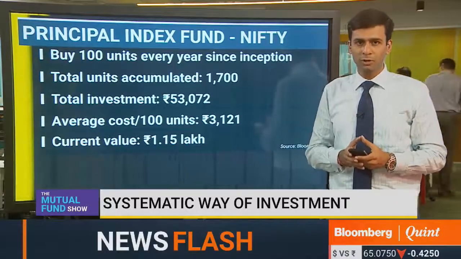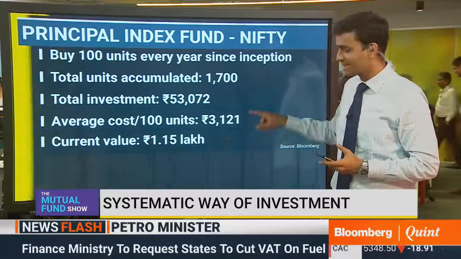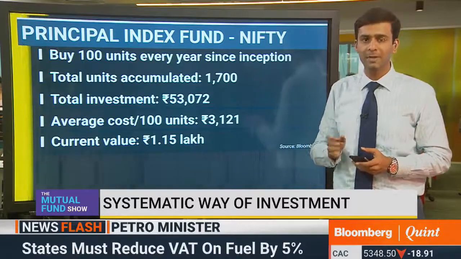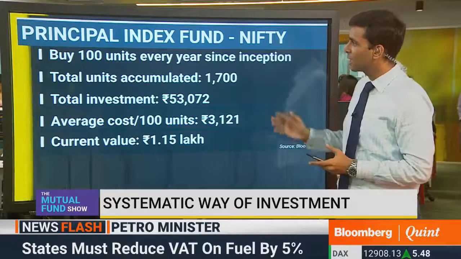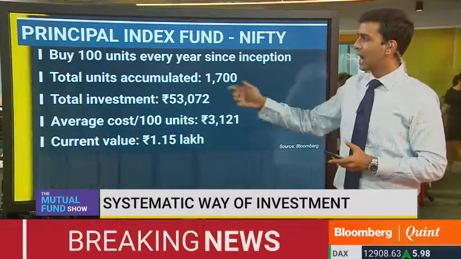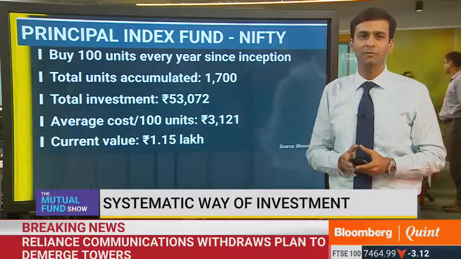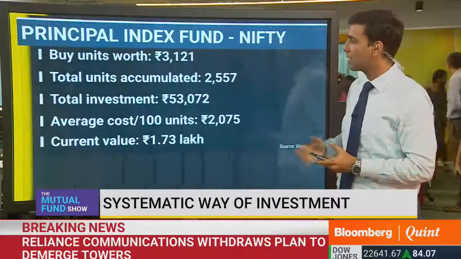Now, similar to gold, if I convert this 3121 into an SIP, and mind you, a yearly SIP, how do the numbers look then? Let's have a look. I buy 3121 rupees worth of units each year. So how does the actual investment look?